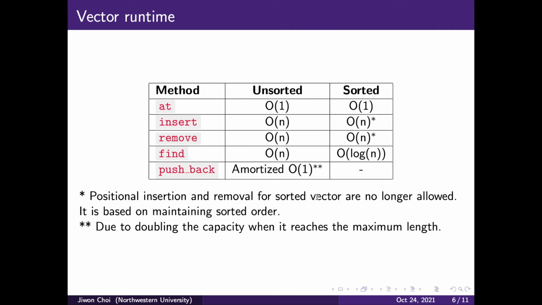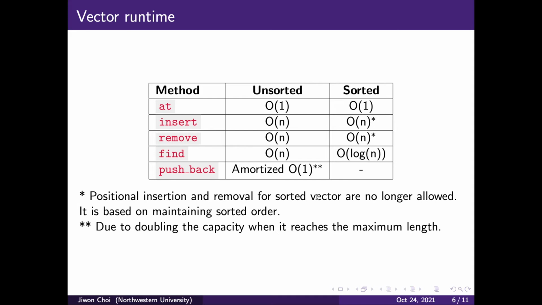And insertion takes O of n, of course, because we need to make a space in between and push through the elements and insert it into the middle. Removing is the same, because once we remove the element, we have to fill up the empty space and remove that empty space. So we need an array copy essentially. So that's why it is O of n runtime.